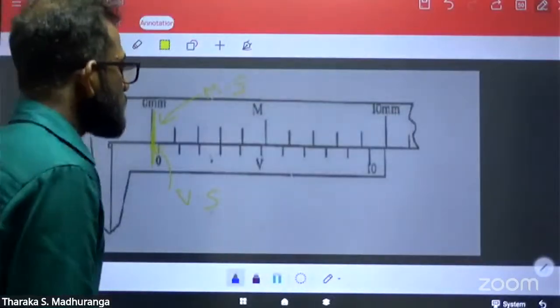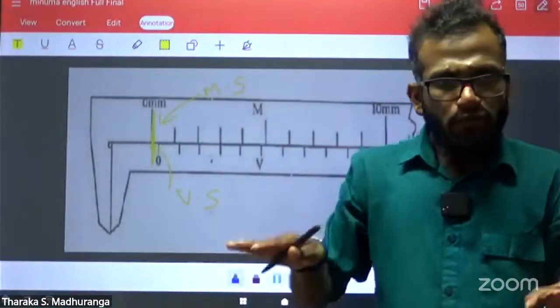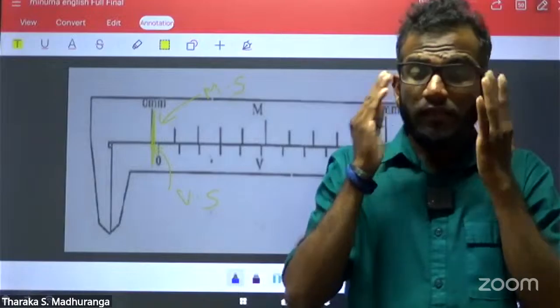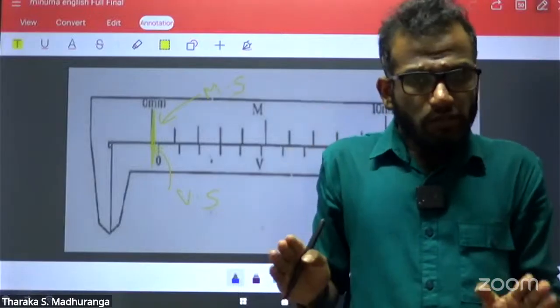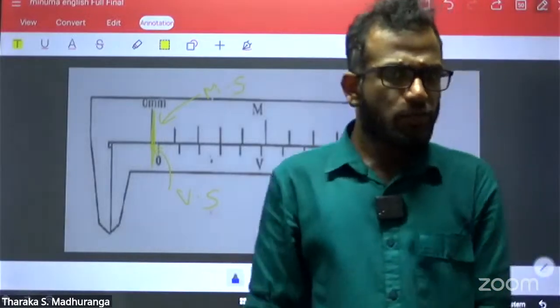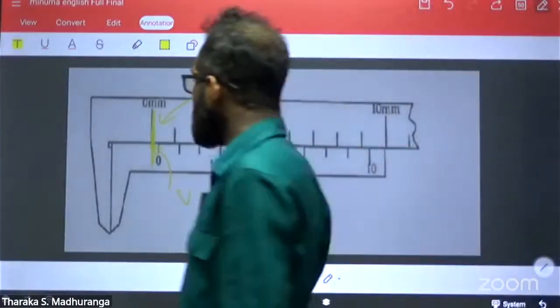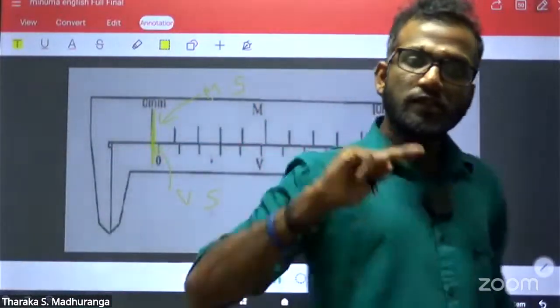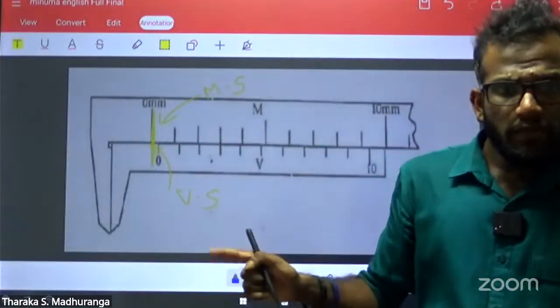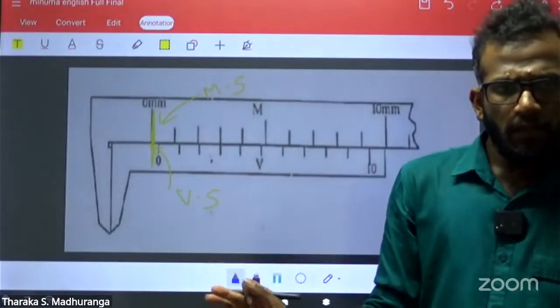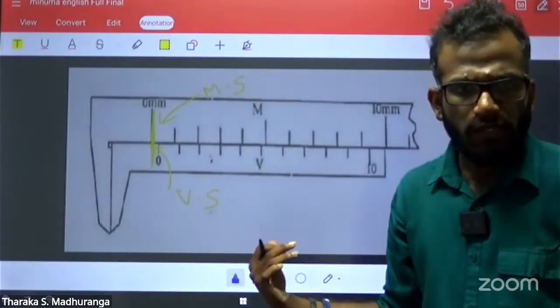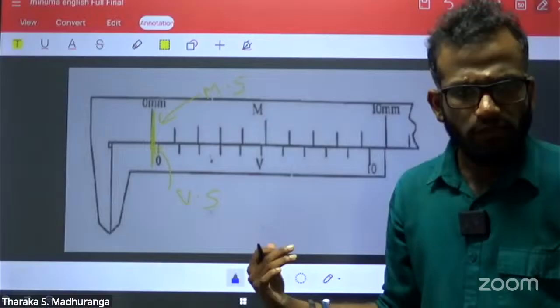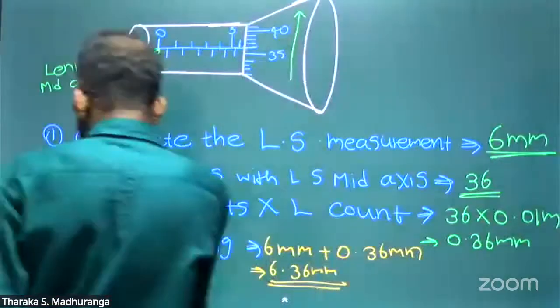Okay, before understanding the micrometer screw gauge 0 error, if you can refresh the 0 error of the vernier caliper, it is actually very easy, because it is the same as the micrometer.